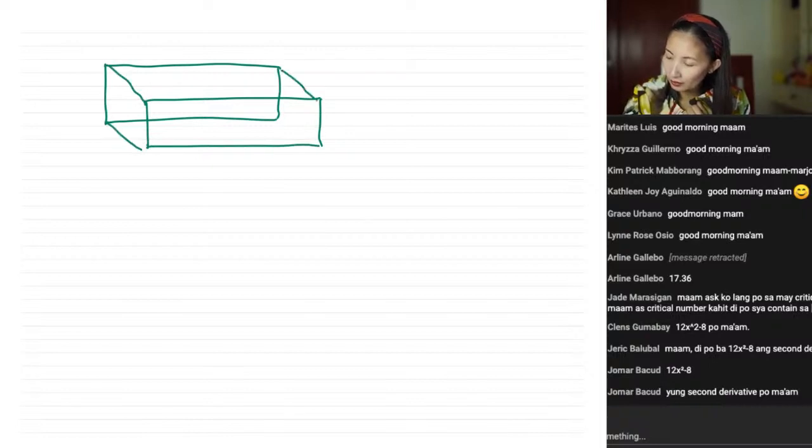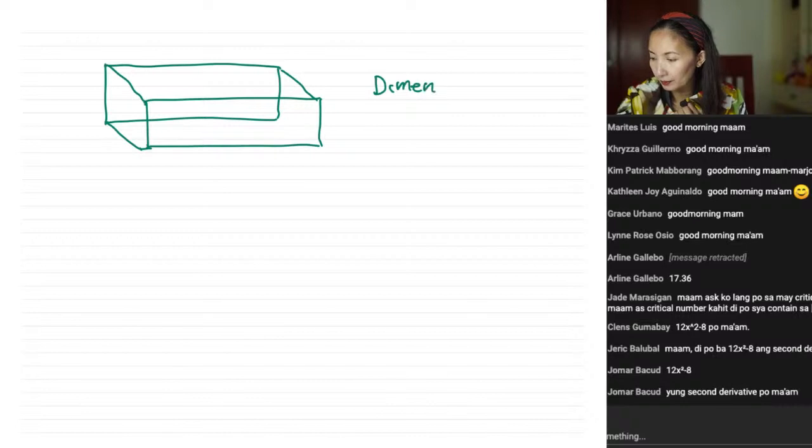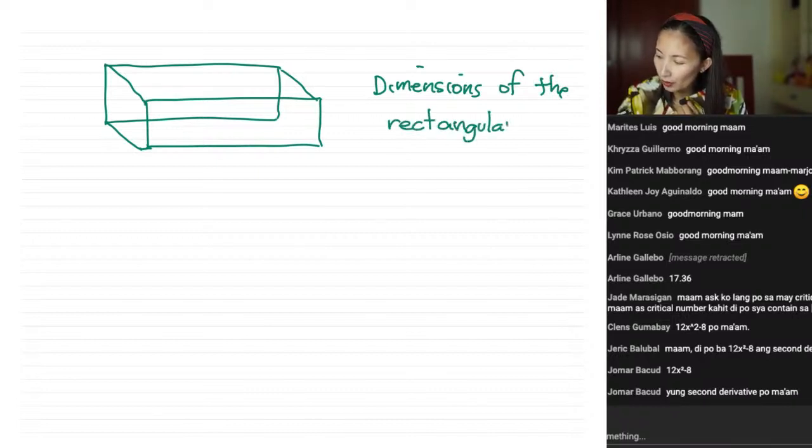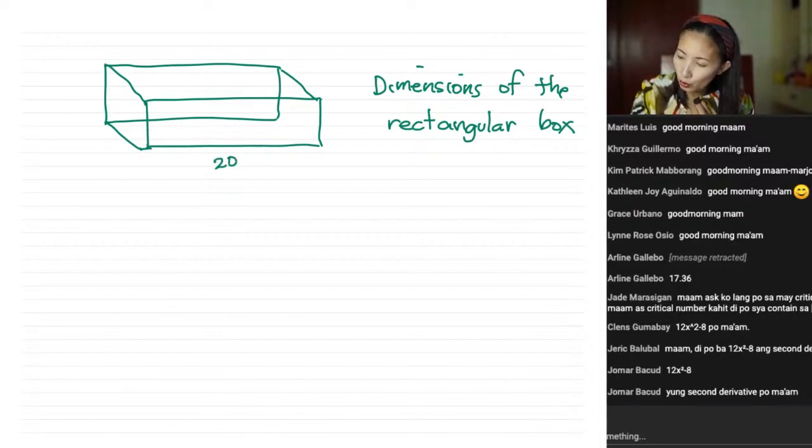Remember, 24 minus 2s, so it's 20 by 5 by 2, correct?